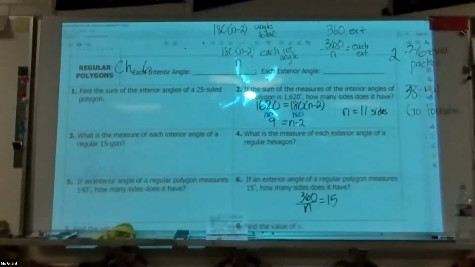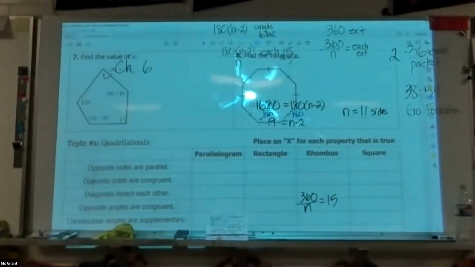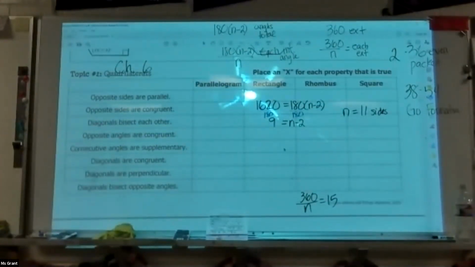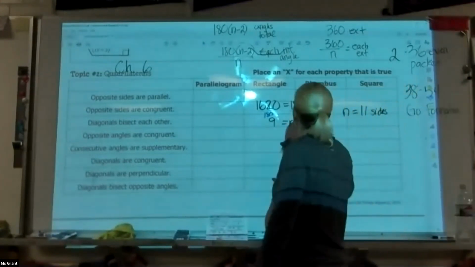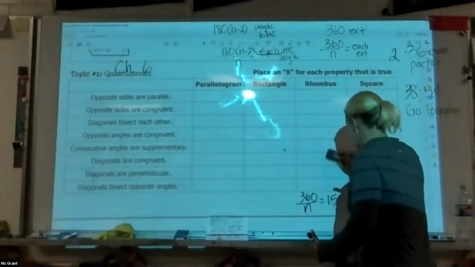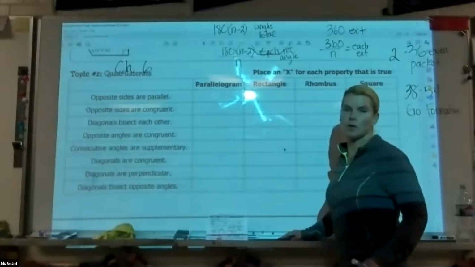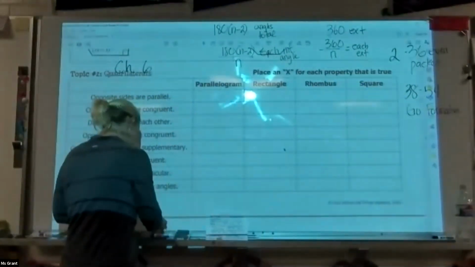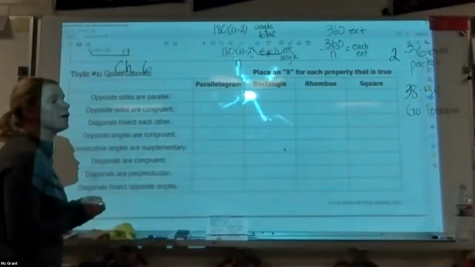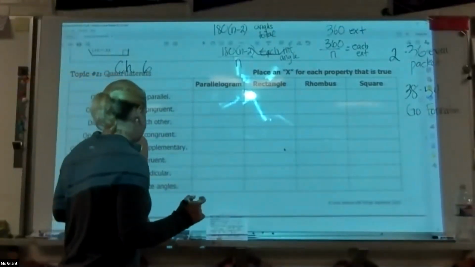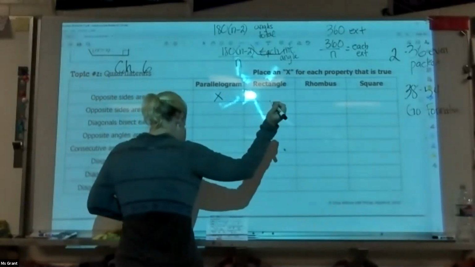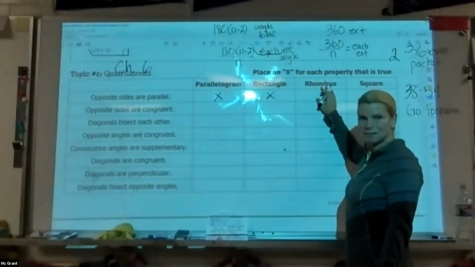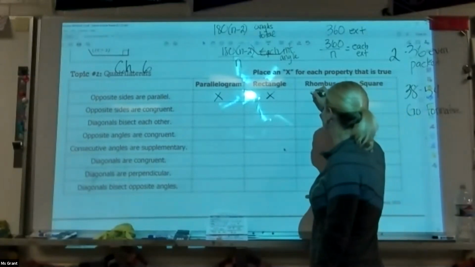Okay, let's move on. Let me fill in this chart for you, just so you're all clear on the properties and there's no confusion on quadrilaterals. Opposite sides are parallel. That has to be a parallelogram, a rectangle, a rhombus, which is like a kite, a diamond shape.